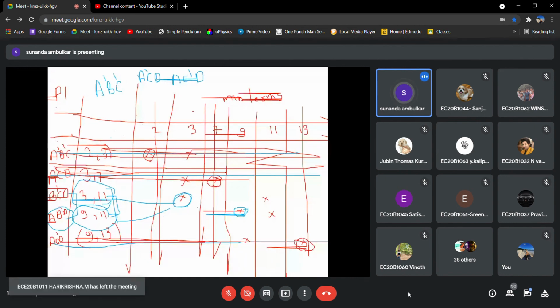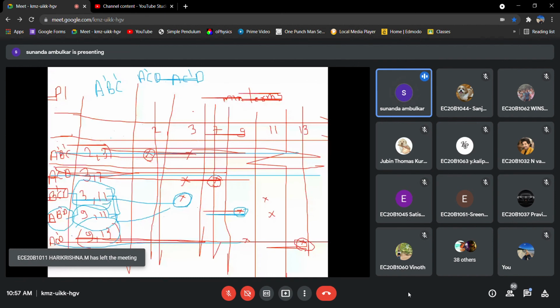So among these two, only one thing we can take to make the essential prime implicant. So A'B'C, A'CD, AC'D, and AB'D or B'CD will make the essential prime implicant.